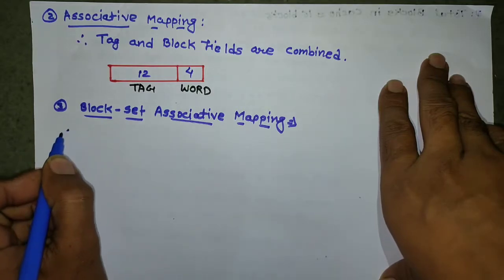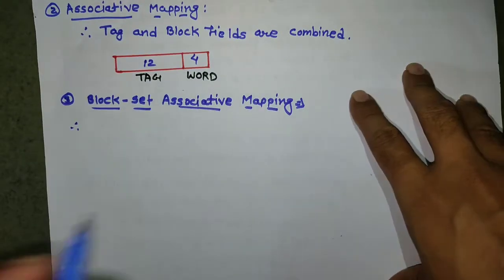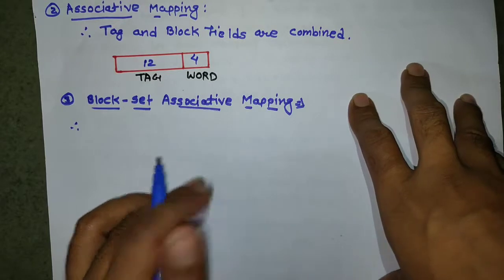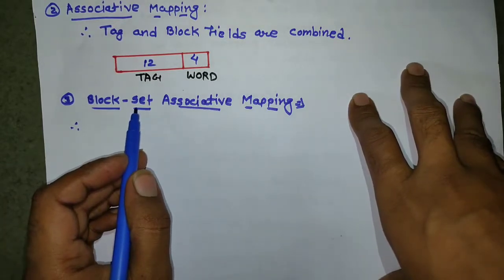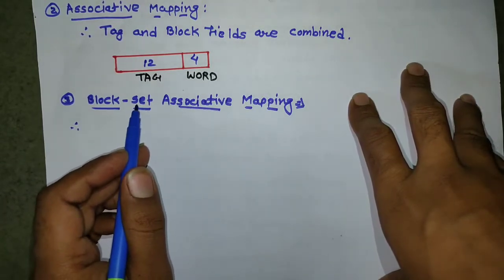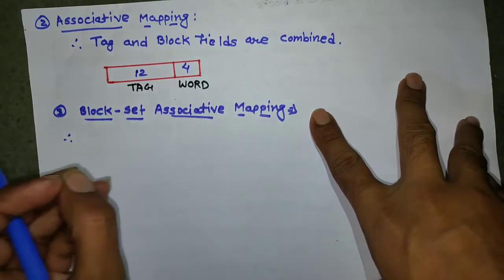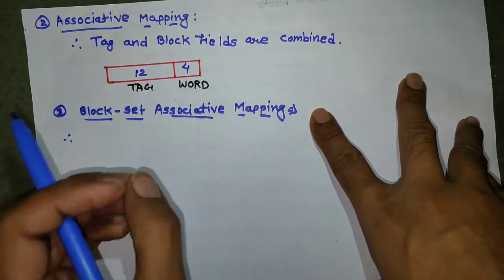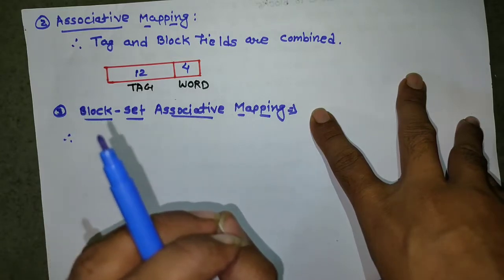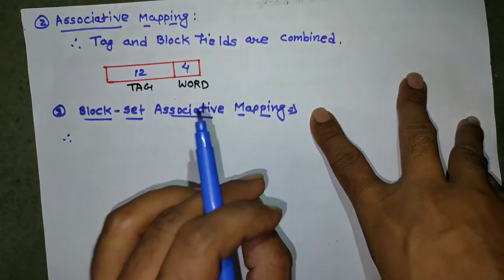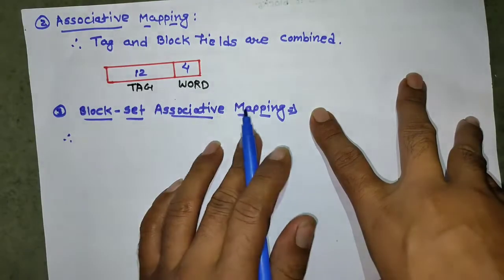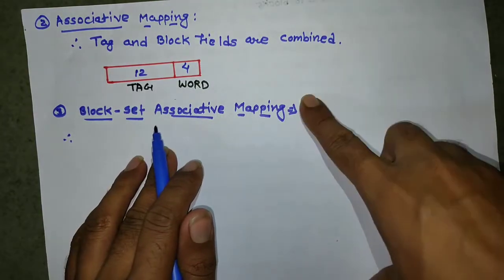So first we require the number of blocks per set, that is the set of blocks we require here. It is not given in our example. So in the previous video we considered 2 blocks in a single set, that is 2 blocks per set. So here also we will consider the same 2 blocks per set.